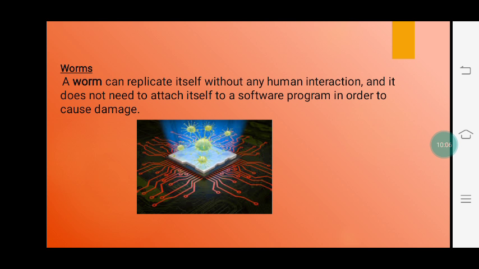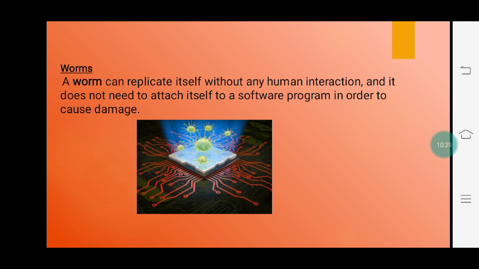The computer security risk here is that it uses up our computer hard disk space by replicating itself. Replicating means duplication. Or it slows down the data transmission on the internet due to the consumption of the bandwidth.